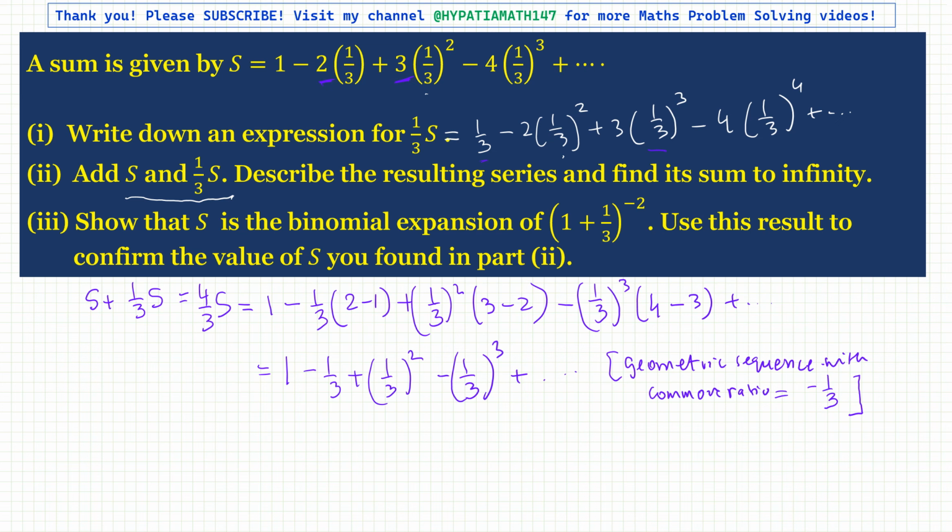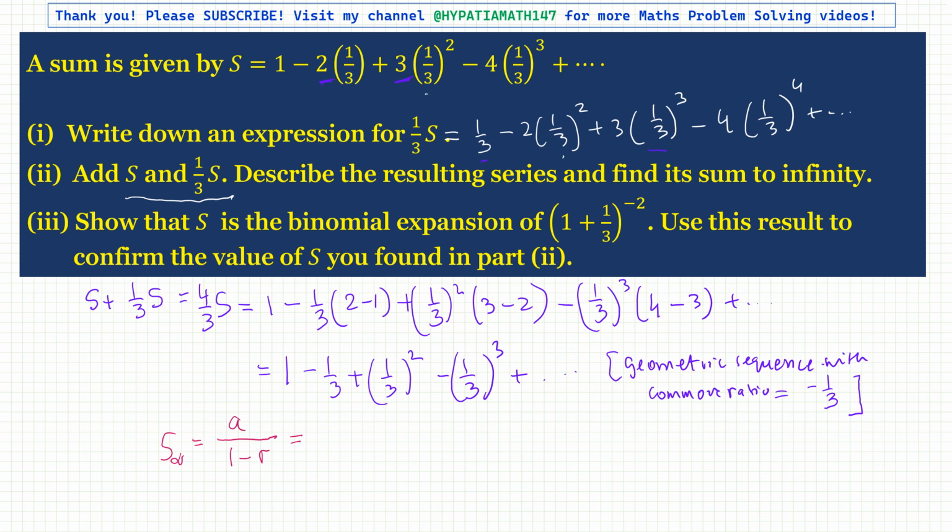So sum to infinity, now we know how to do that. The sum to infinity is given by the first term divided by 1 minus the common ratio, so a over 1 minus r.